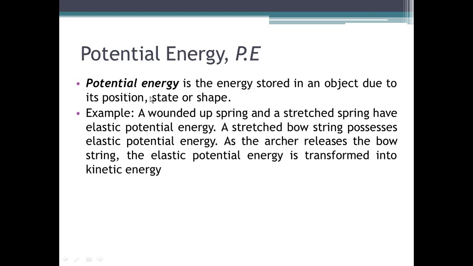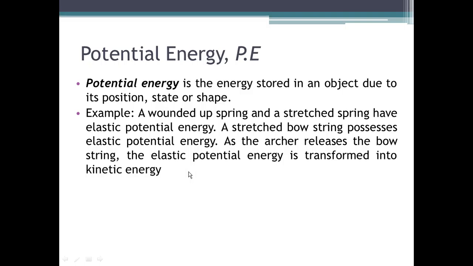You could store potential energy such as in springs, in bows and arrows, such as when I illustrated to you in the bow and arrow illustration. So these are forms of potential energy. Particularly, we call this elastic potential energy.